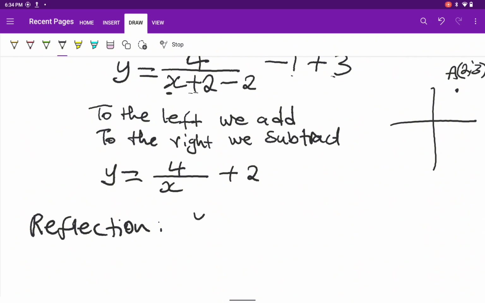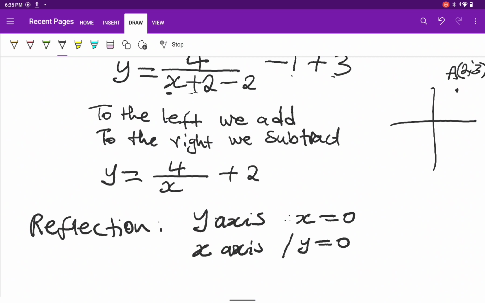So the y-axis, and if we write it as an equation, we'll say it's the line x equals to 0, or the x-axis, and if we want to write it as an equation, we'll say this is the line y equals to 0.